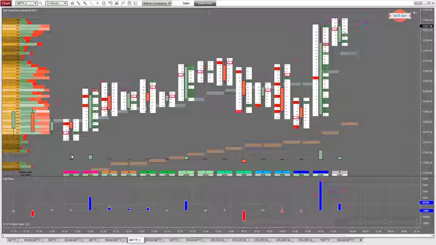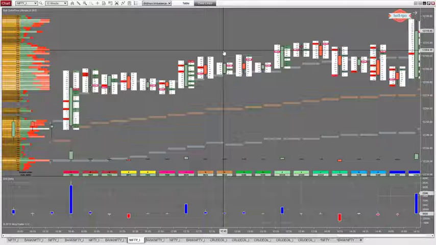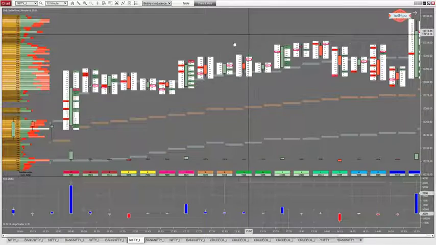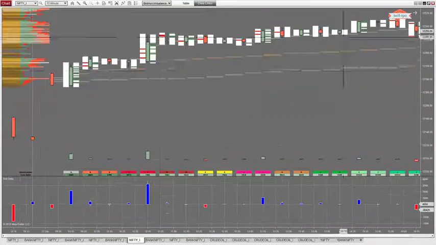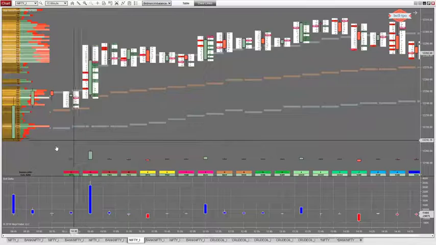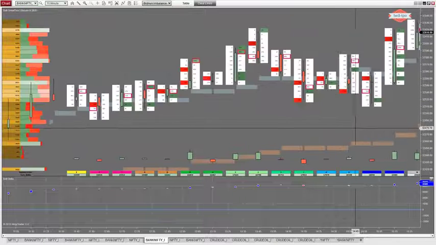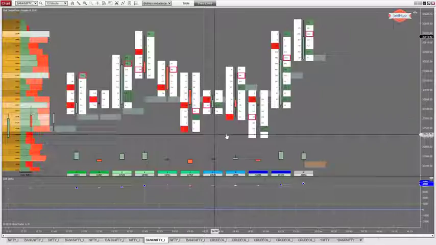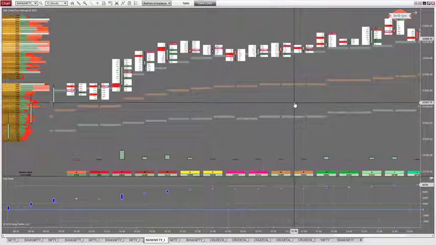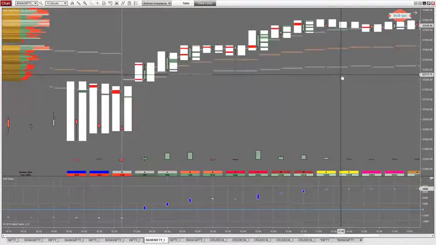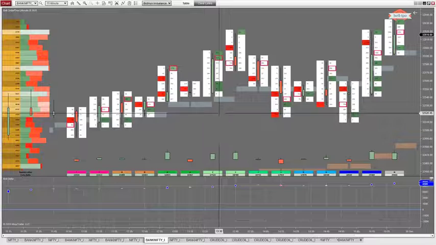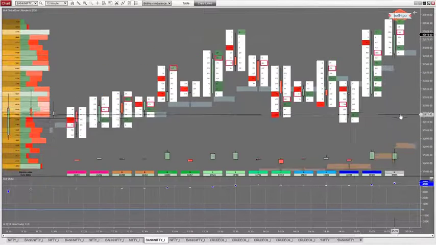This is how you calculate delta divergence. Do we have an example of positive delta divergence? Unfortunately, today was a nice trend day. So there are no examples of positive delta divergence.